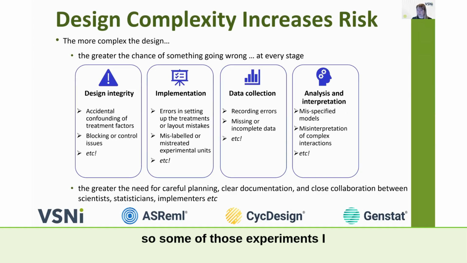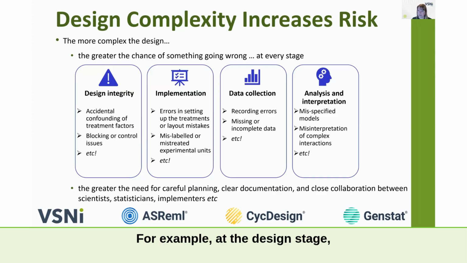Okay, so some of those experiments I described were getting quite complex in terms of their layout, and complexity is indeed another important consideration we have to think about when designing an experiment. The more complex the design, the greater the chance something goes wrong.